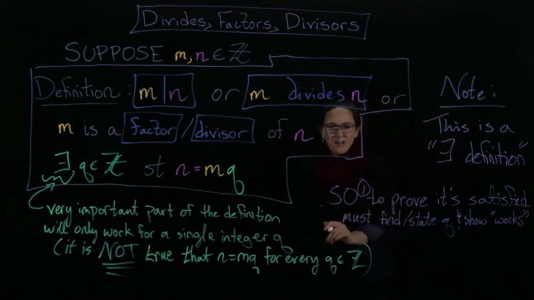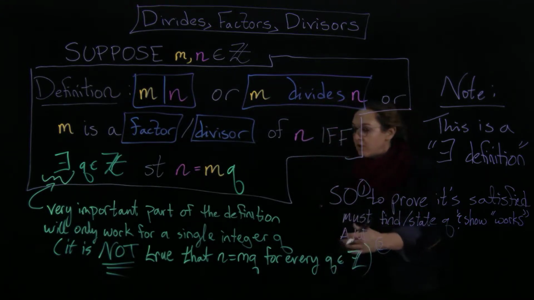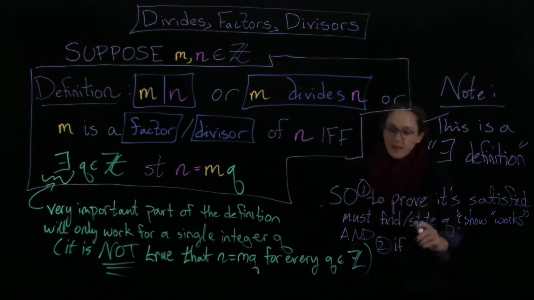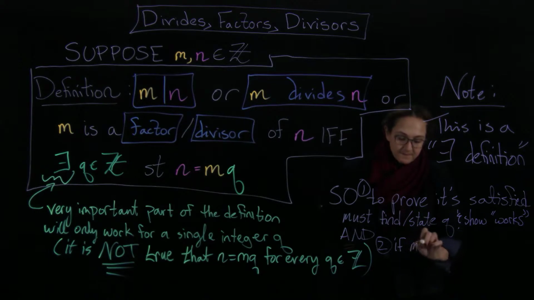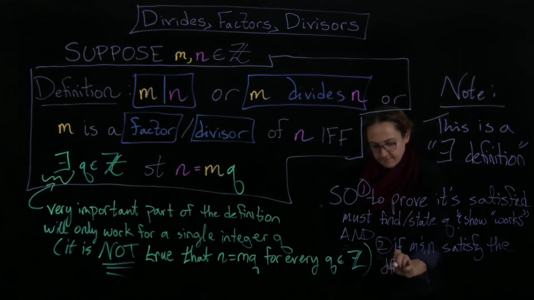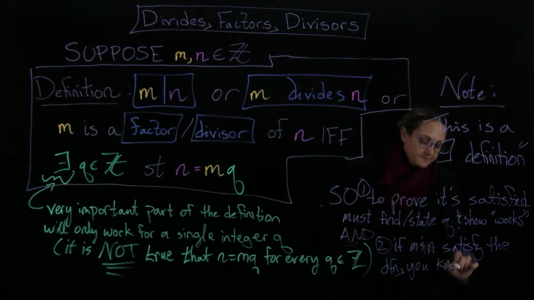And what's the other part of the fact that it's a there exists definition? If m and n satisfy the definition, you know that the q exists, and you can use it.